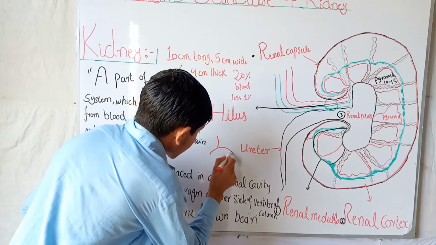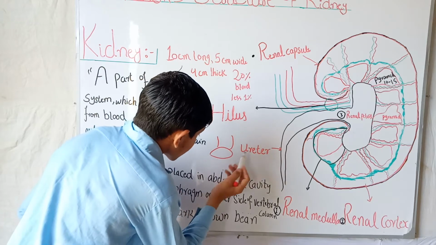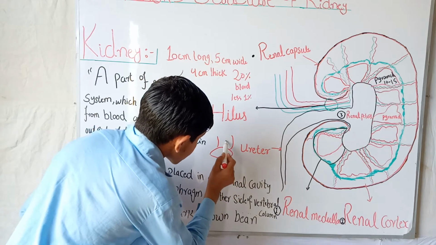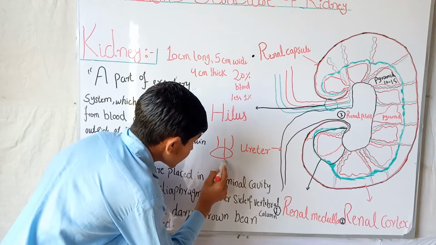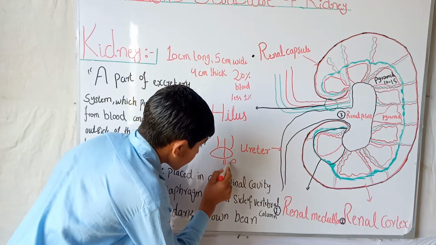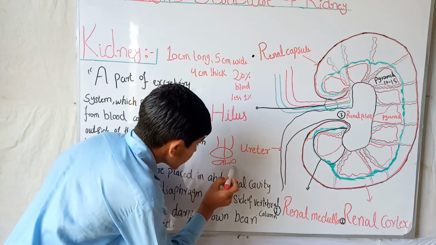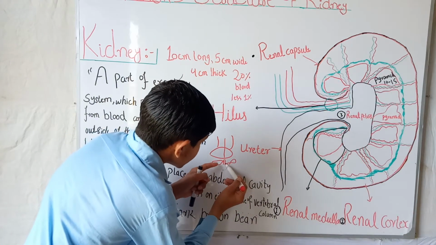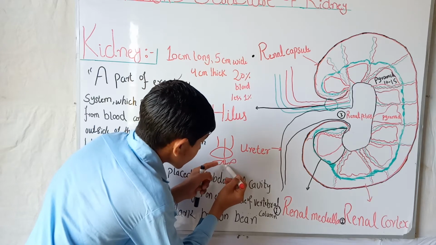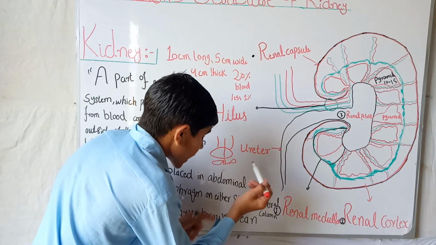This is the diaphragm, these are the lungs, and this is the vertebral column, which is in the back. One kidney is here and the second is there, just below the diaphragm and on either side of the vertebral column, which is the spinal cord at our back.